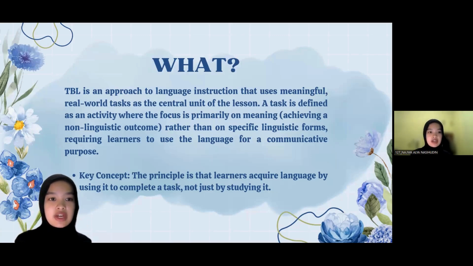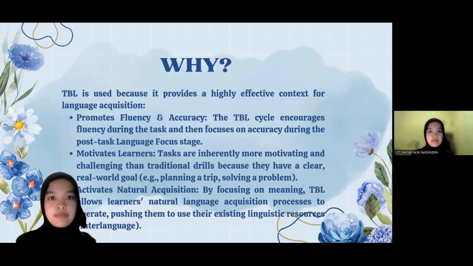A task is defined as an activity where the focus is primarily on meaning, achieving a non-linguistic outcome rather than on specific linguistic forms, requiring learners to use the language for a communicative purpose. So the key concept is the principle that learners acquire language by using it to complete a task, not just by studying it.